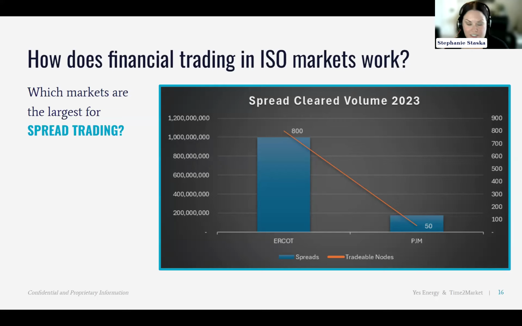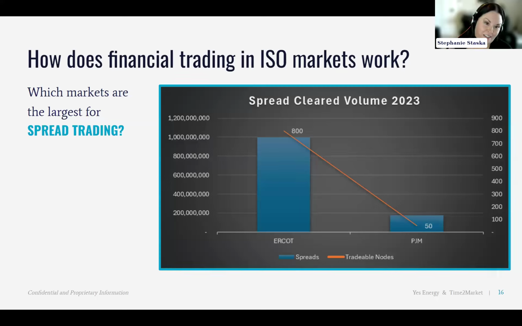And so that difference is really driving a large portion of the trading volume, because this isn't an individual node you're trading, but remember, it's a source and a sink, so it's two nodes. So you can essentially trade node A as the source to node B as the sink, or node B as the source to node A as the sink, and then all of those different permutations.